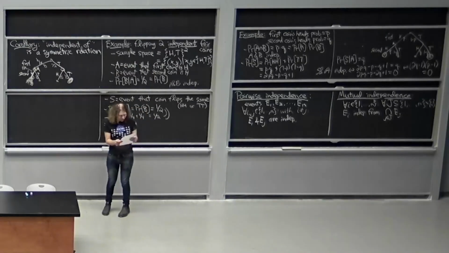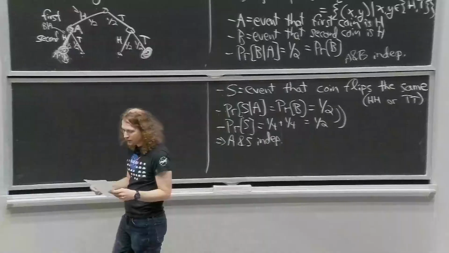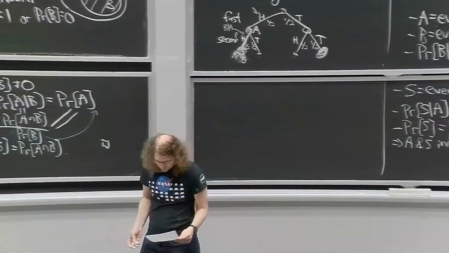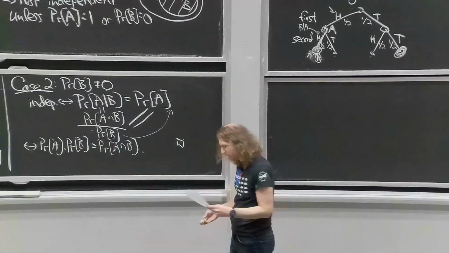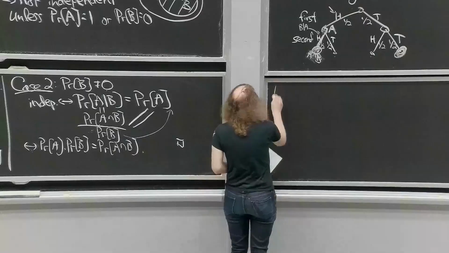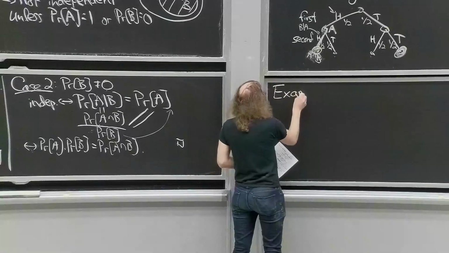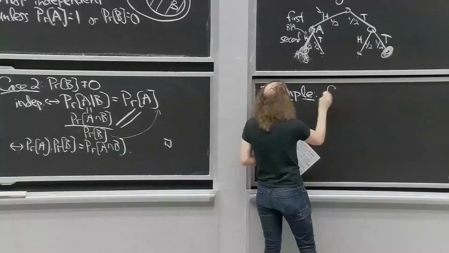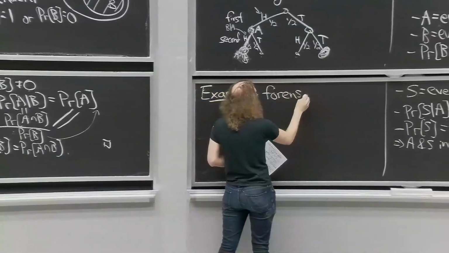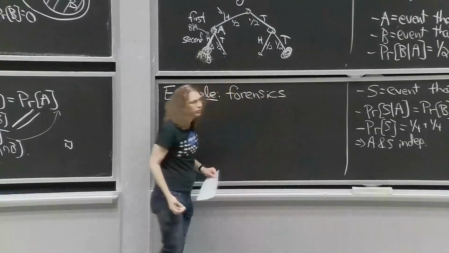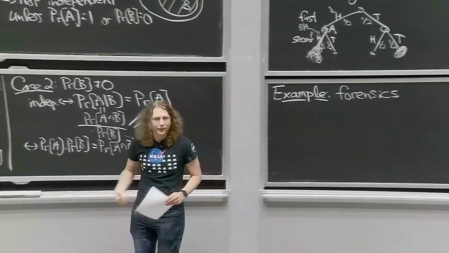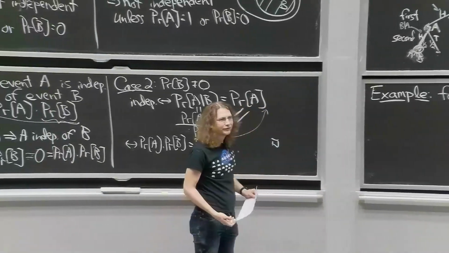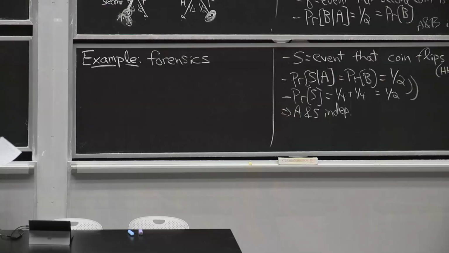Let us do an example. Maybe first some motivation. Let's do some forensics. Suppose you are at a murder scene and you find 9 pieces of evidence. That's a lot of evidence.